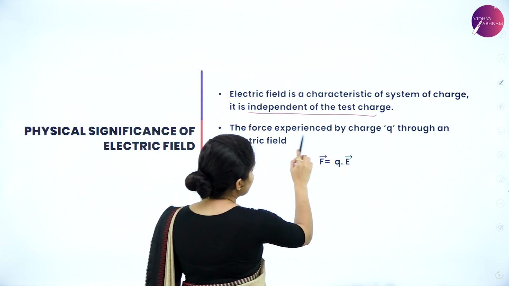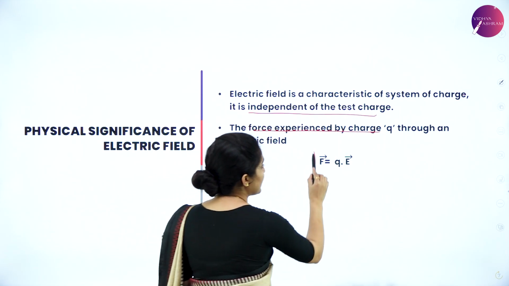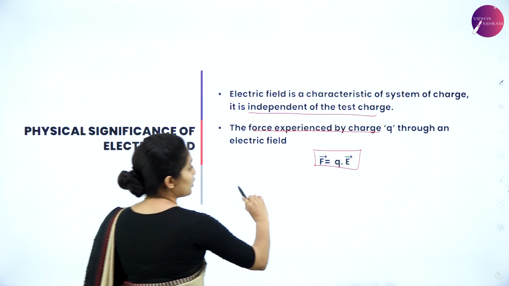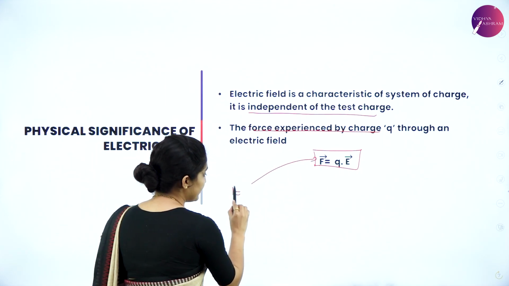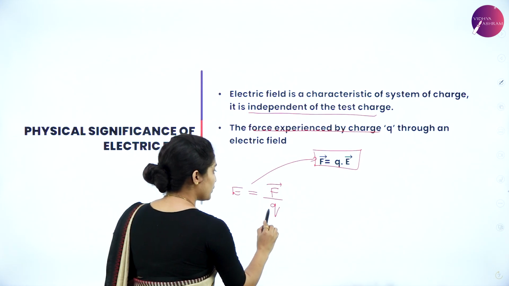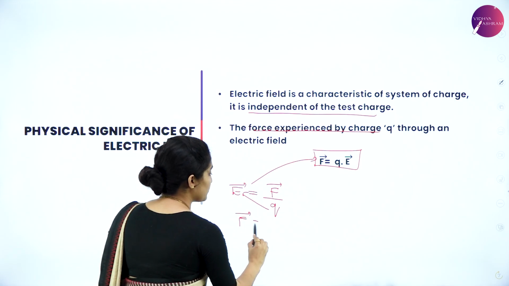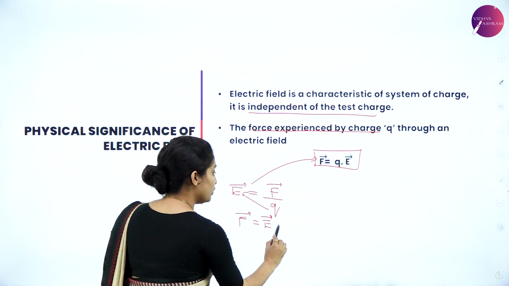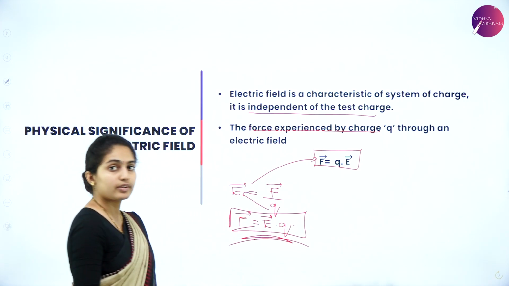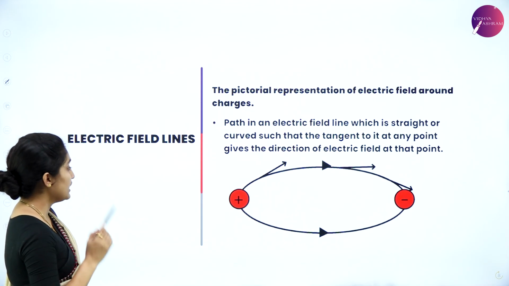Next, the force experienced by a charge Q through an electric field can be given as F is equal to Q into E. This equation is derived from electric field, which is defined as force per unit charge. So your Q goes with electric field. So you have vector F is equal to vector E into Q. So this holds good for force. Okay. So that's all about your physical significance of your electric field.